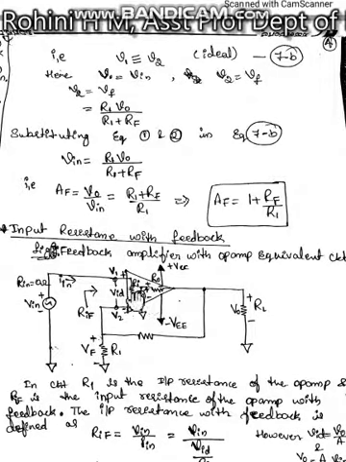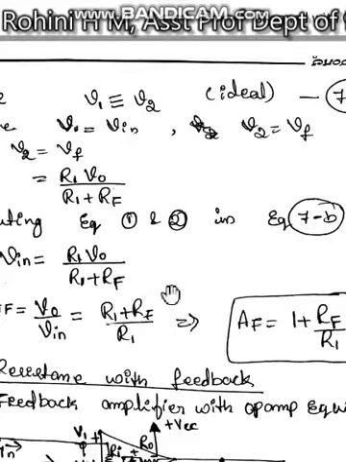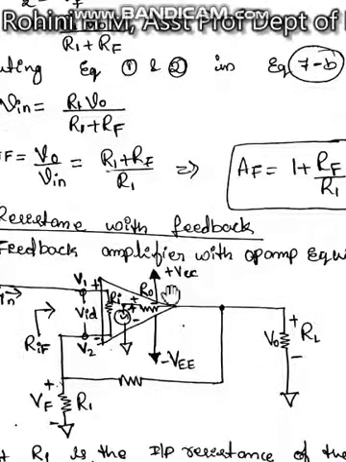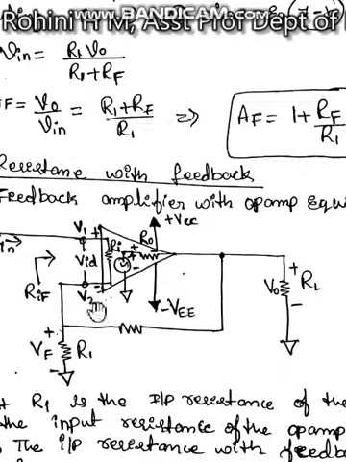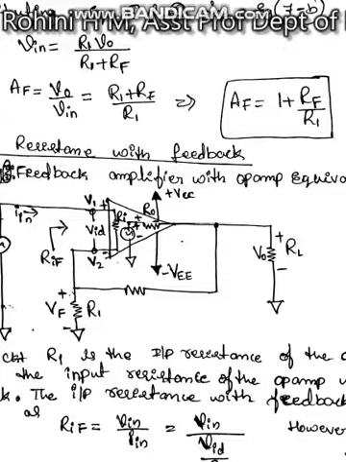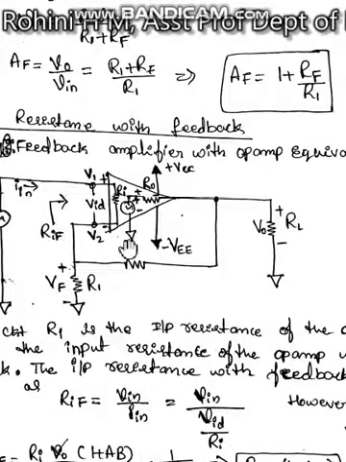Here you can see in the circuit this RI. So I in can be written as the VID voltage divided by RI.